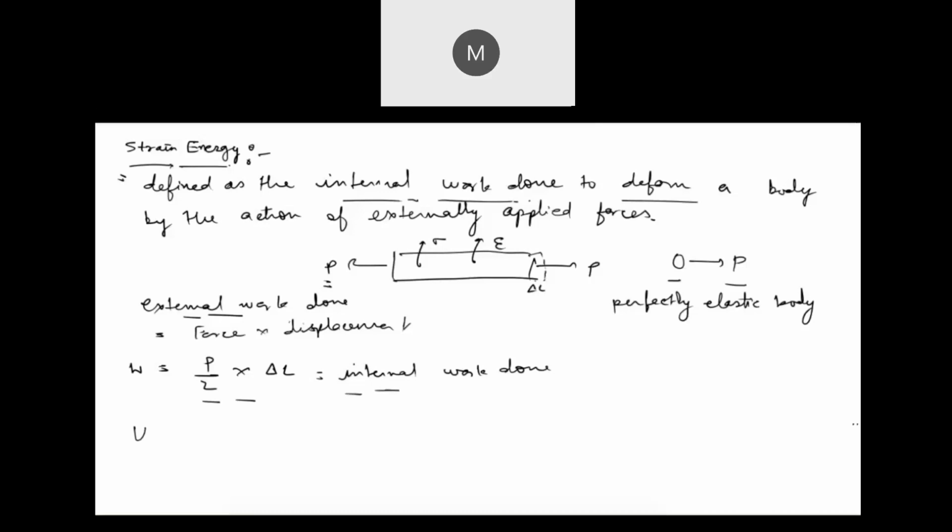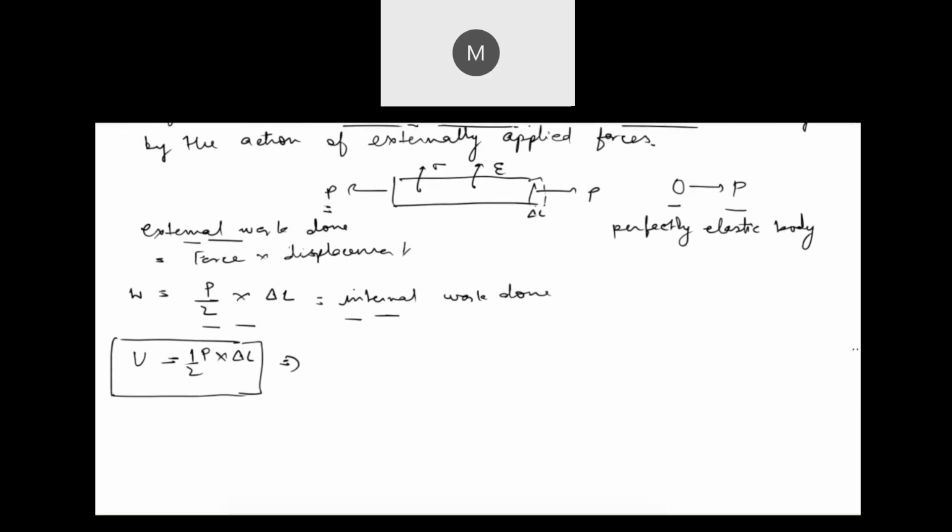Strain energy is denoted with U. So U is equal to 1 by 2 P into delta L. This is one form of this equation. We can rewrite this equation to get other forms. This load P we can write as stress into area, and delta L we can write from strain, which is equal to change in length by original length.